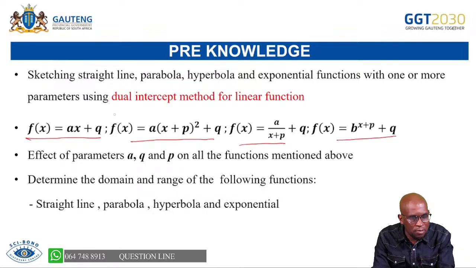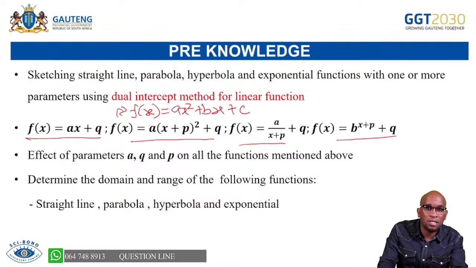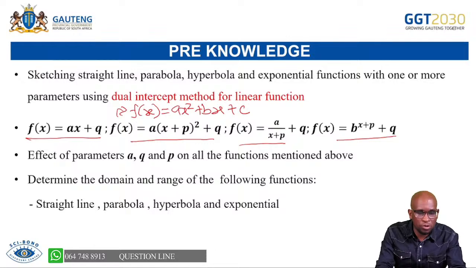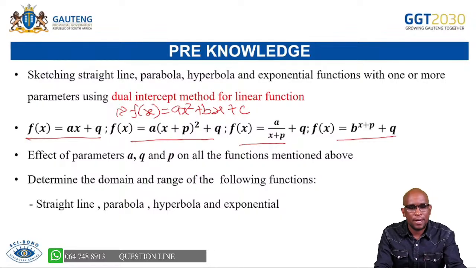But with this parabolic function, you can also extend the standard form to ax squared plus bx plus c, like that. So also the effect of parameters a, q, and p on all the functions mentioned above should be understood. Determine the domain and the range of all the functions as well: straight line, a parabola, a hyperbola, and an exponential function.